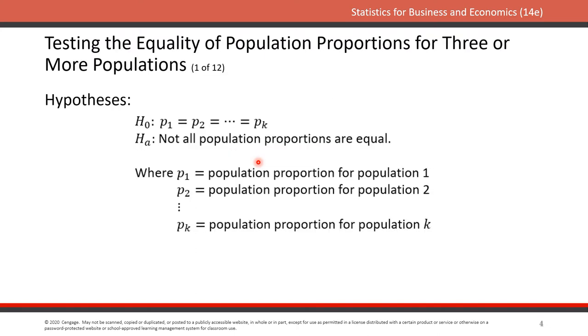So for proportions, one of the things I want you to remember is how we calculated proportions. We calculated proportions as the number of successes over the total number. And this goes back to your previous stats class, or just your general way of calculating proportions. So if I flip a coin 100 times and 51 of them are heads, there's a 51% chance of getting a heads, and I'll define heads as a success in that particular case.